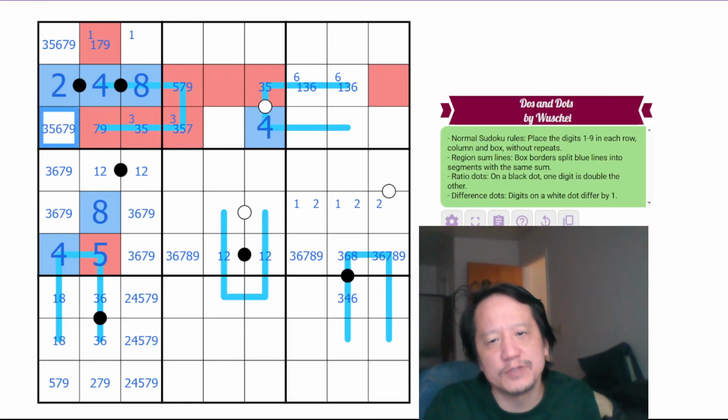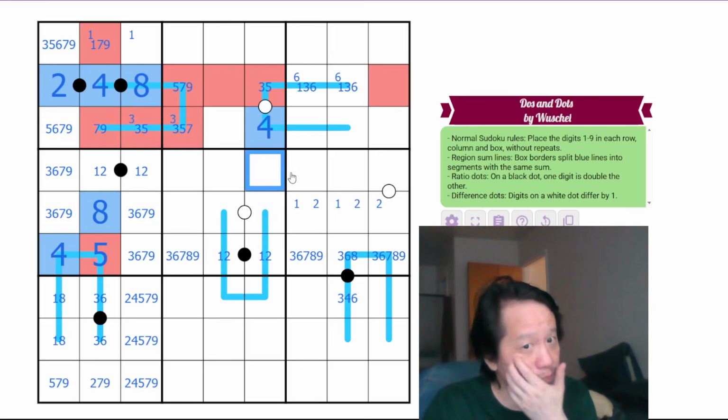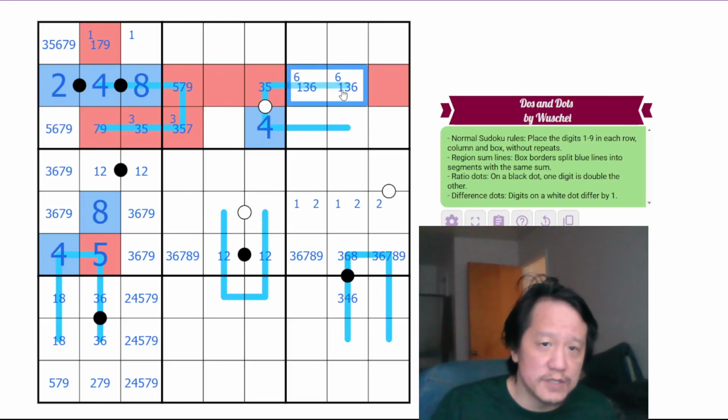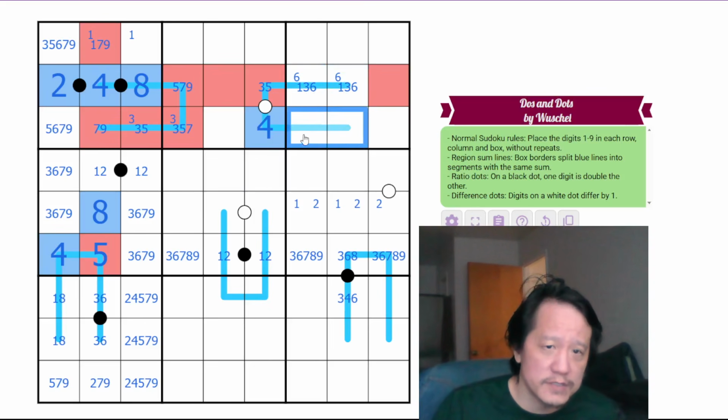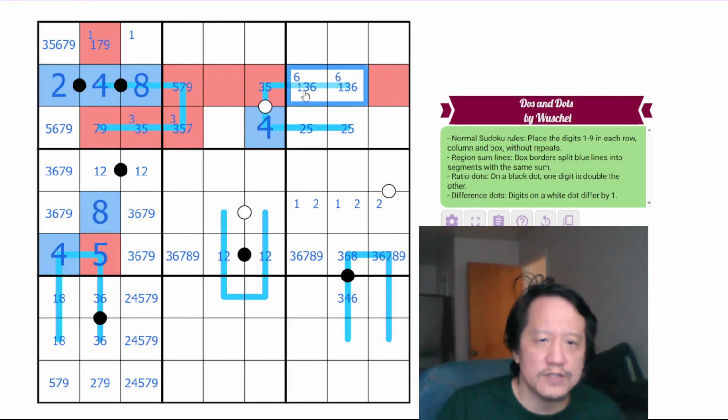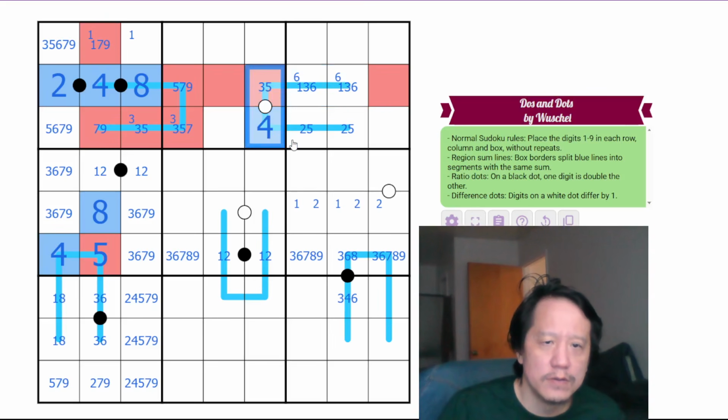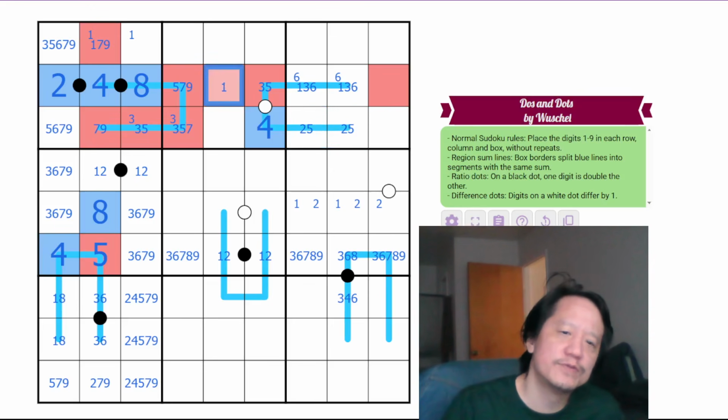So that eliminates 3 in the rest of the row. If this is 6 and 1, this has to be 2 and 5. If this is 6 and 3, no 4, 5 here. This is 1, 3, 5, 7, 9.